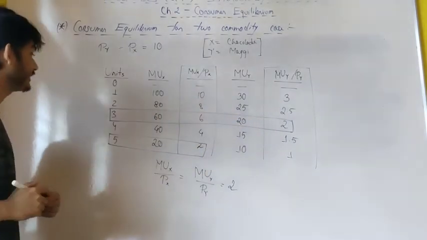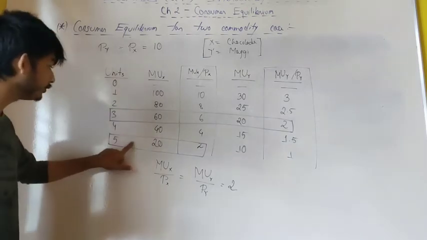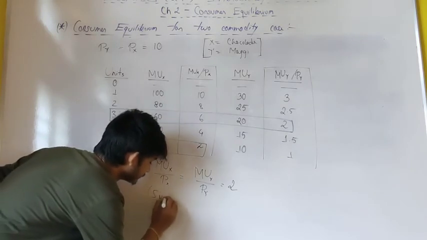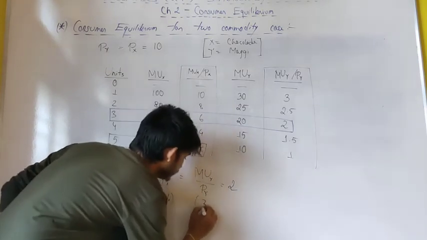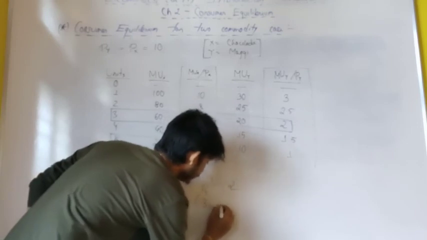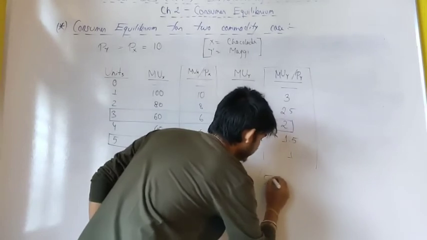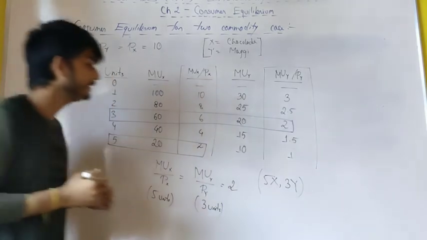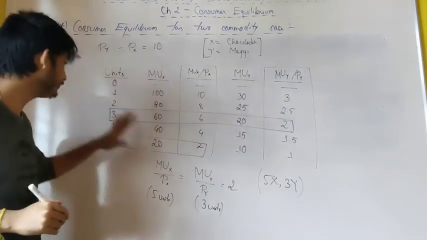So that means we can say that when the consumer is consuming 5 units of good X, this relates to 5 units, and this relates to 3 units. Yeah, 3 units. So when the consumer is consuming 5 units of good X and 3 units of good Y, the consumer attains equilibrium.